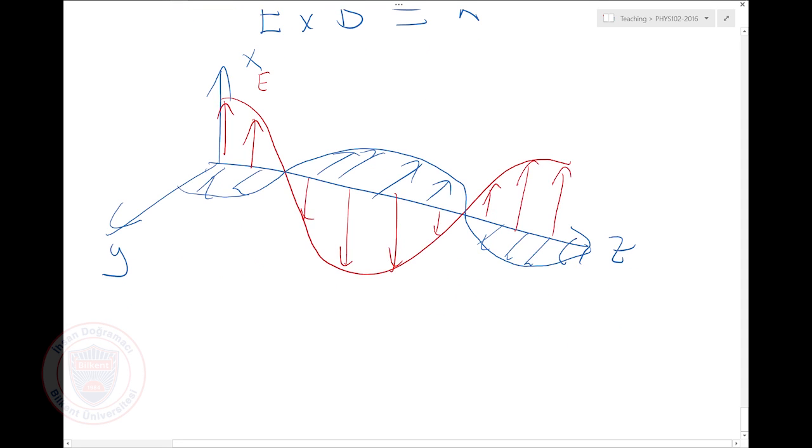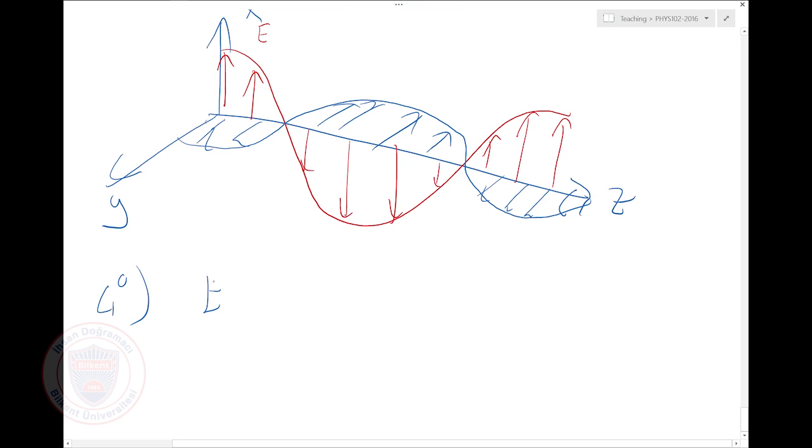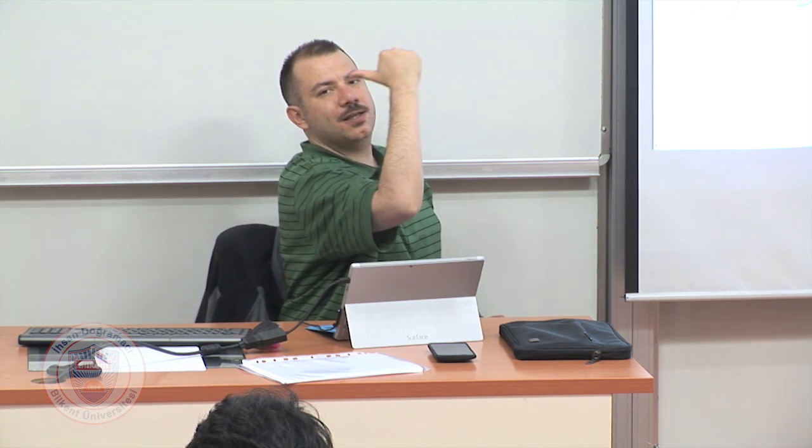And which brings me to my fourth property of the electromagnetic waves. E and B are in phase. So when electric field is maximum, so is the magnetic field. When they are minimum, they are both minimum. But at each point, E cross B gives me the direction of propagation.